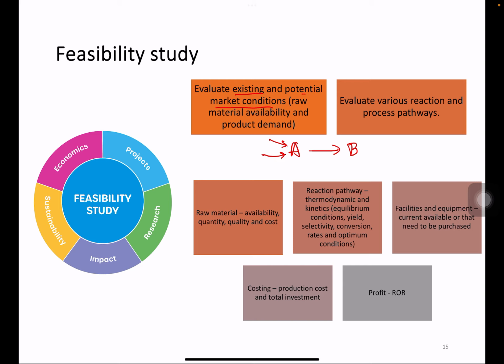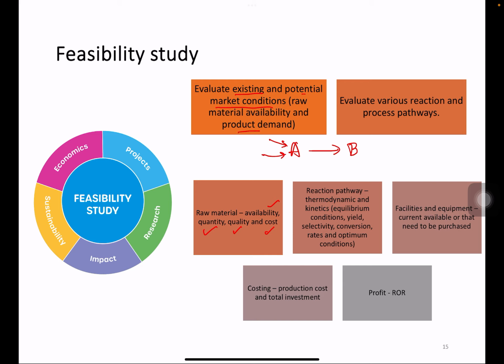Availability of the raw material: how much quantity is available, what is the quality of the raw material, and what is the cost of the raw material. This is very essential because you should have a continuous supply of raw material in order to maintain your plant for maybe the next 20, 25, 30 years, right?